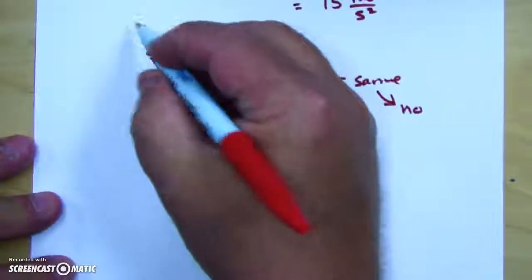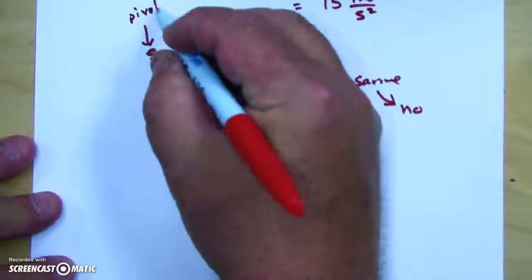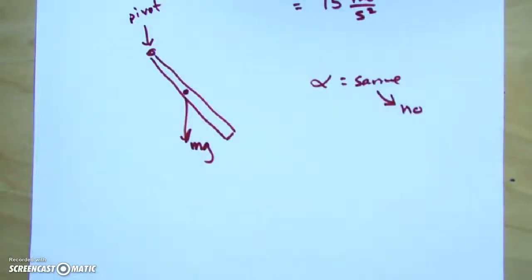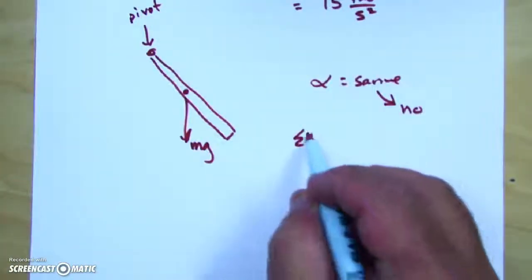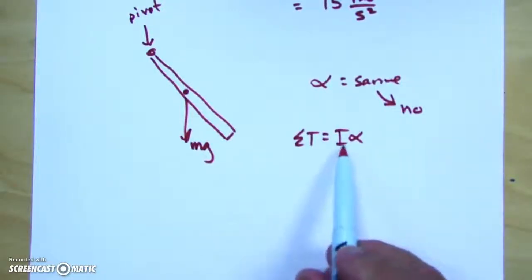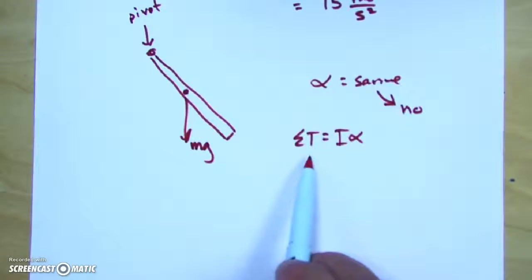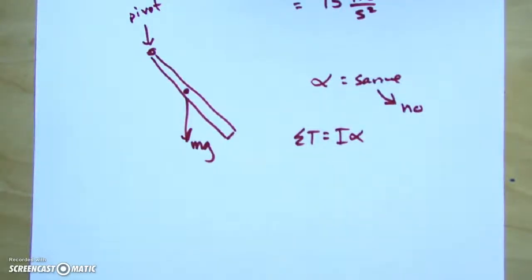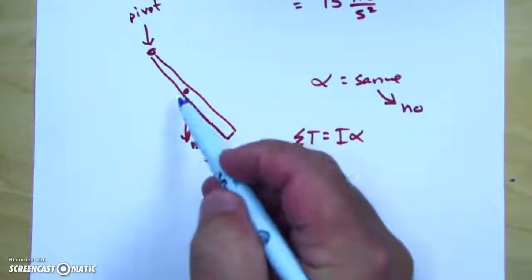This is still my pivot point. And when I go this, remember, it's the sum of the torques equal I times alpha. Now, I is not going to change, but my torque actually does change. Because remember, it's only the perpendicular component of the force that causes torque.